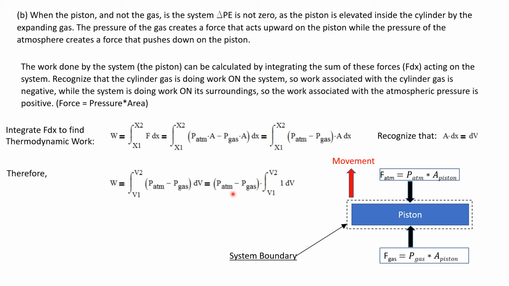Okay, and since the pressure of the atmosphere and the pressure of the gas are both constants, we can take them outside our integral, and we end up with P atmosphere minus P gas times the integral from V1 to V2 of dV. Integrating, we're going to get that the work done by the system during this process is P atmosphere minus P gas times V2 minus V1.